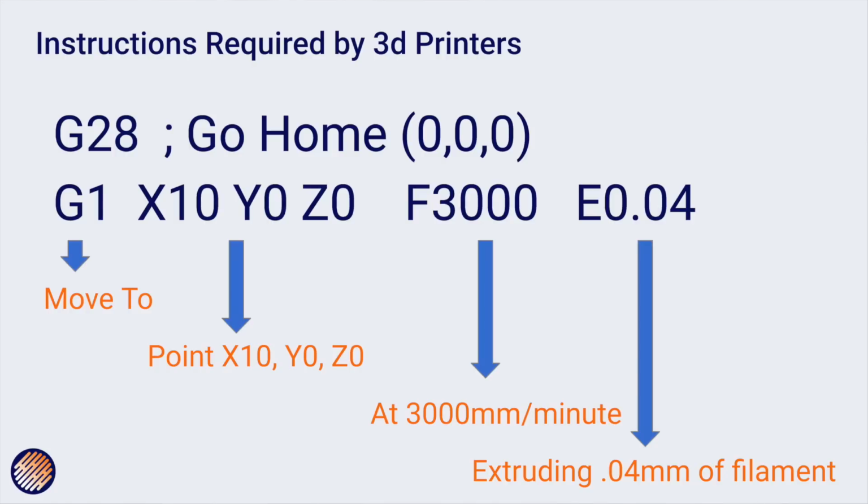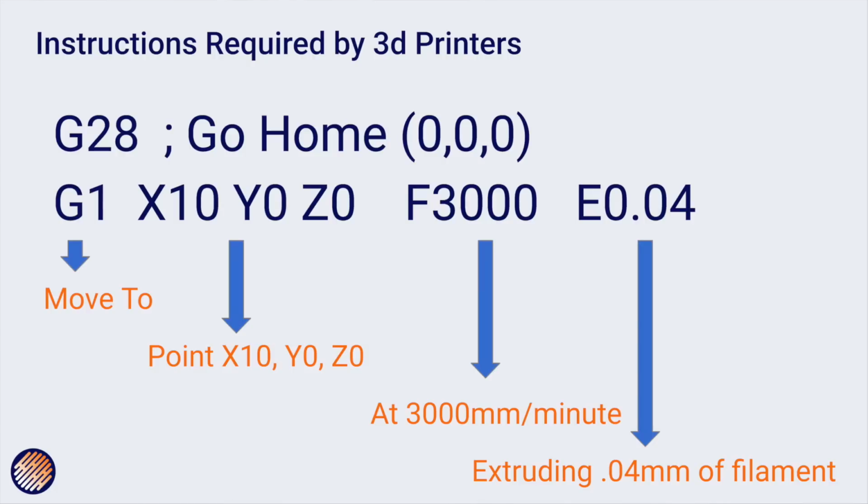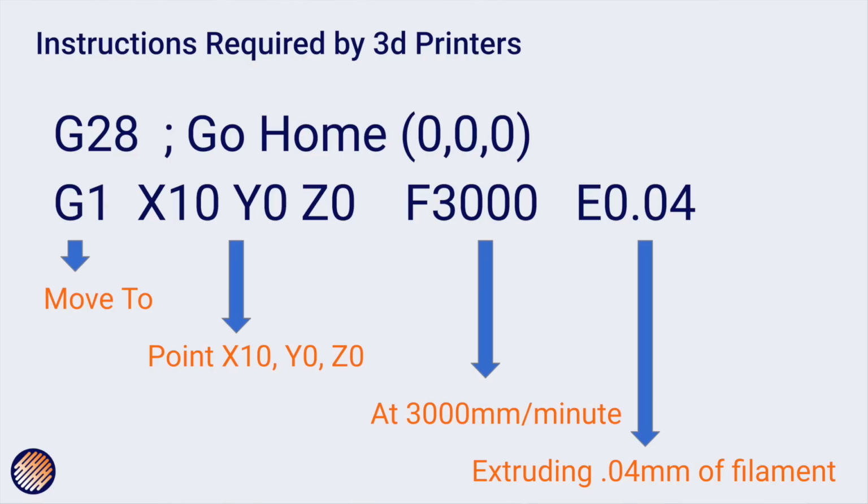Well, this is what G-code looks like. So if we look at these two commands here, the first command says go to home, go to the 0, 0 position. The second command says go to 10 over the same Y position, so Y0, at a speed of 300 millimeters per minute and extrude 0.04 millimeters of filament.